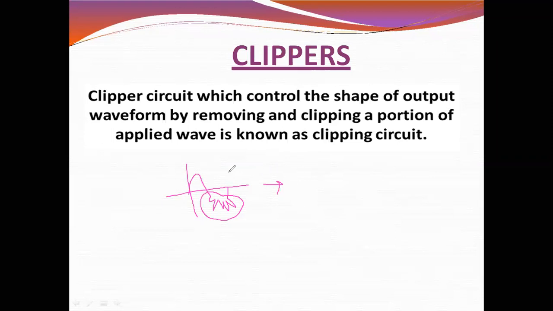If I got distortion in the output signal from any device, that means I got a distorted wave at the output. Then what can I do? If I apply the same thing to this clipper circuit, then the work of the clipper is to remove the distorted output. We will get it like this by removing the distorted output.